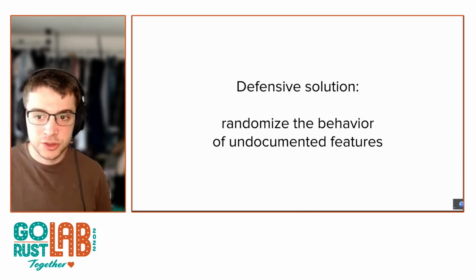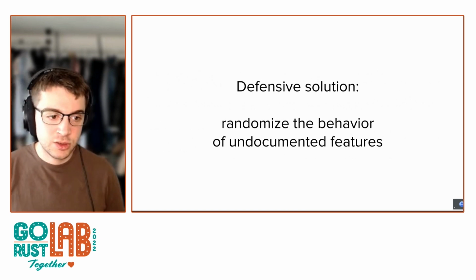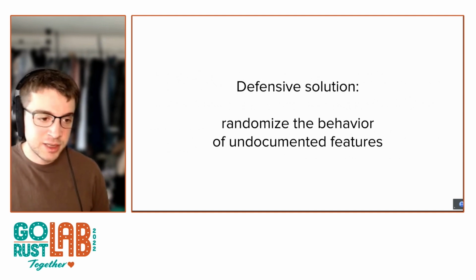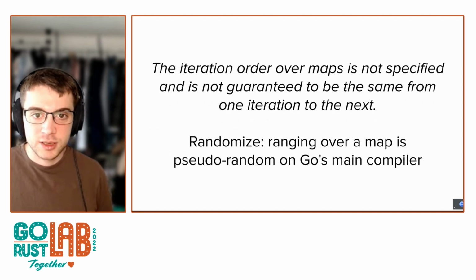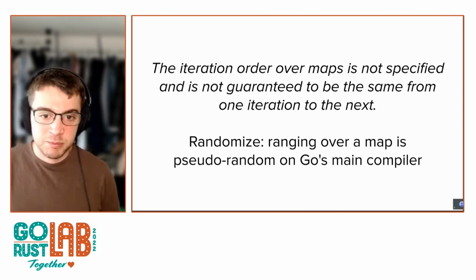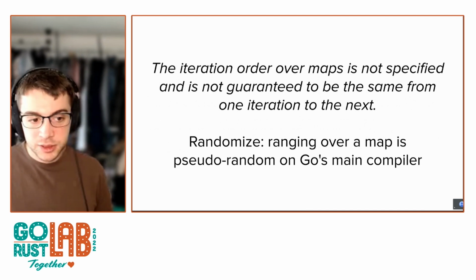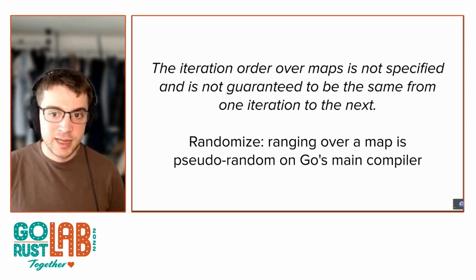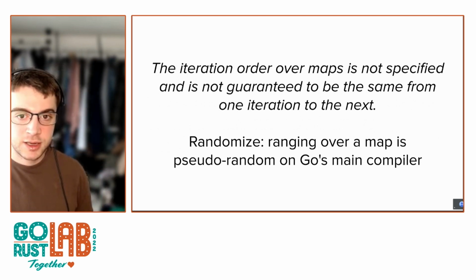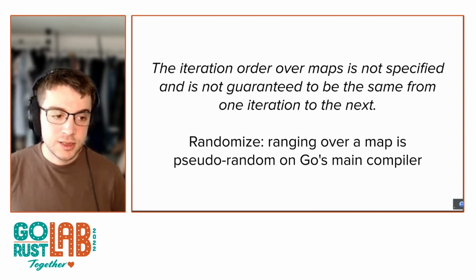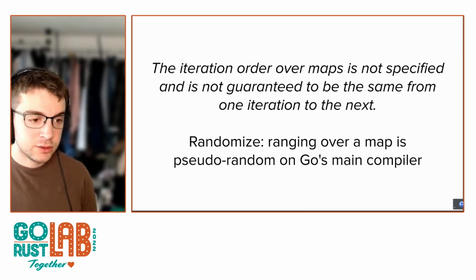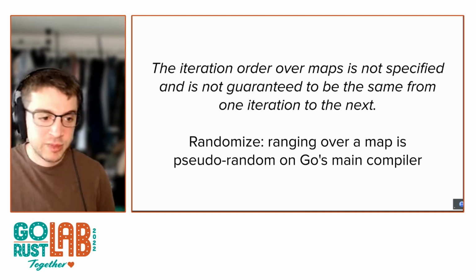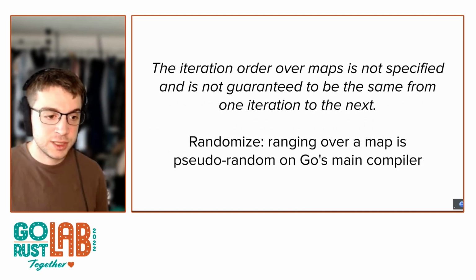So one defensive solution is to randomize those undocumented behaviors or undocumented features if you think they might be prone to this issue. So here's an example. Maps in Go are not ordered or sorted. So when you range over them, the spec says that the order of iteration is unspecified. It's not guaranteed. So what the main Go compiler and implementation does is that whenever you range over a map, it randomizes the order of the iteration.